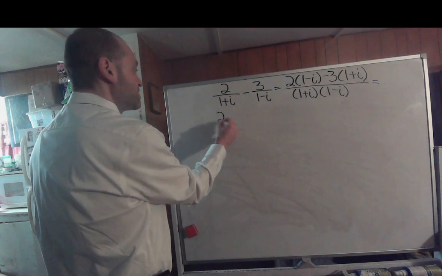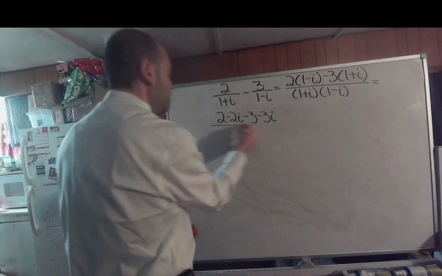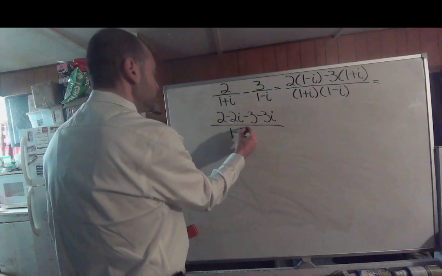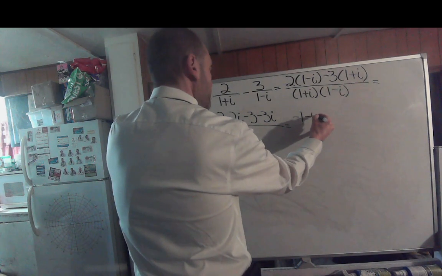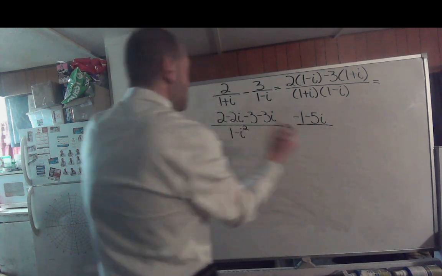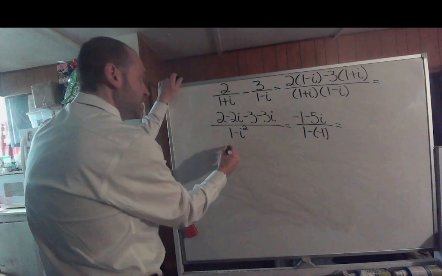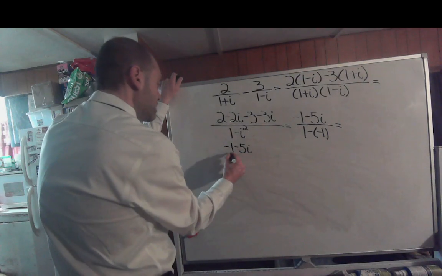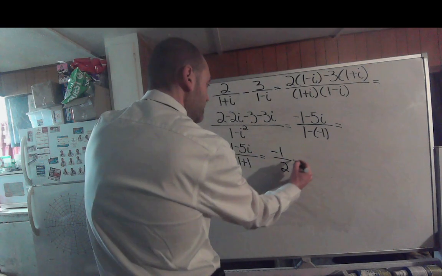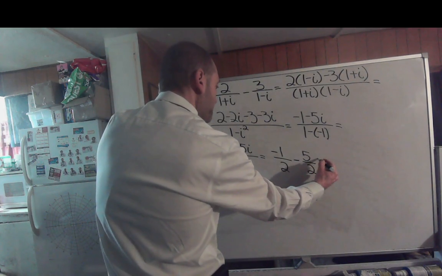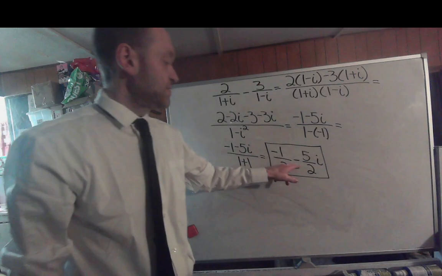In the numerator, you would get 2 minus 2i minus 3 minus 3i all over 1 minus i squared, which would be the same in the numerator as negative 1 minus 5i all over 1 minus negative 1, which would turn into negative 1 minus 5i all over 1 plus 1, which would simplify into negative 1/2 minus 5/2 i. So you'll end up getting negative 1/2 minus 5/2 i.